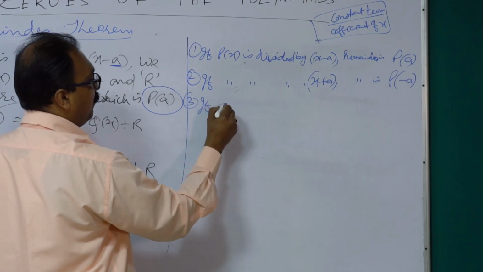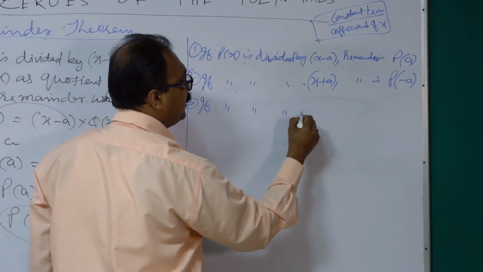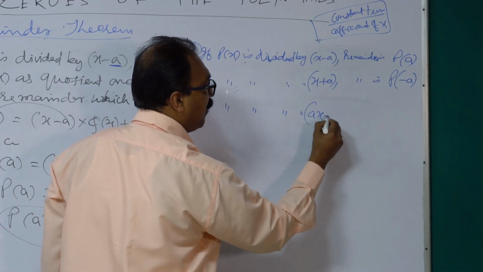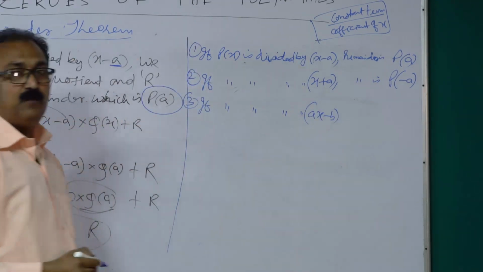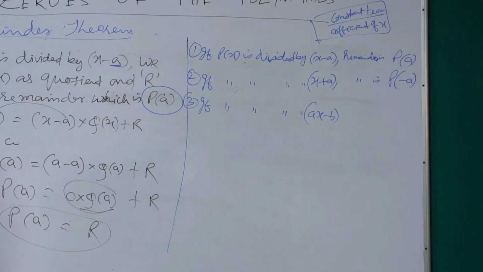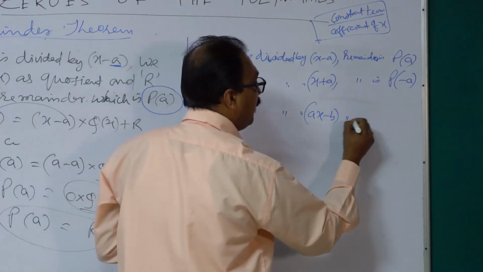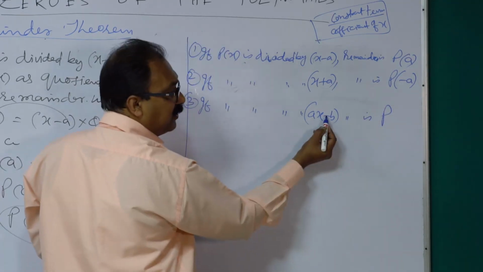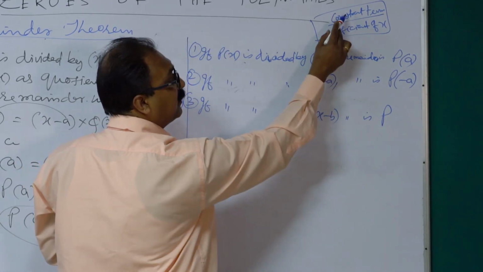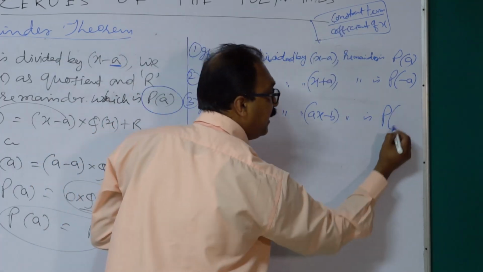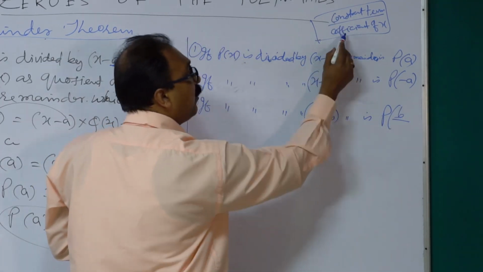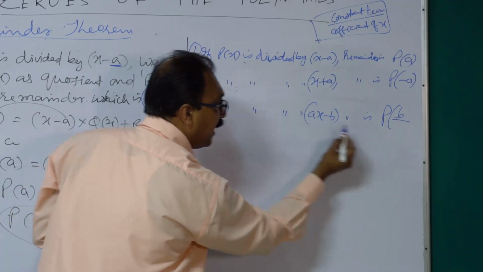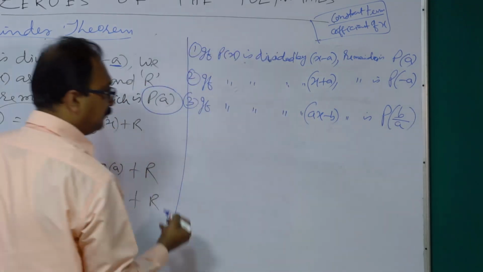If p of x is divided by a polynomial like ax minus b, then the polynomial can be anything, no? Then what will happen? The remainder is, look at here, the sign becomes positive: the constant term, no variable, b, by the coefficient of x. What is the coefficient of x? A. Clear?